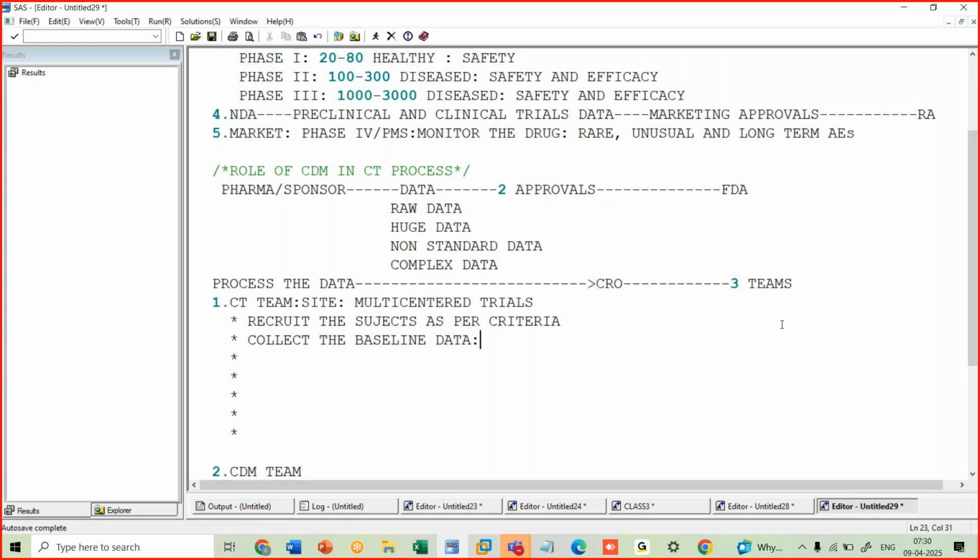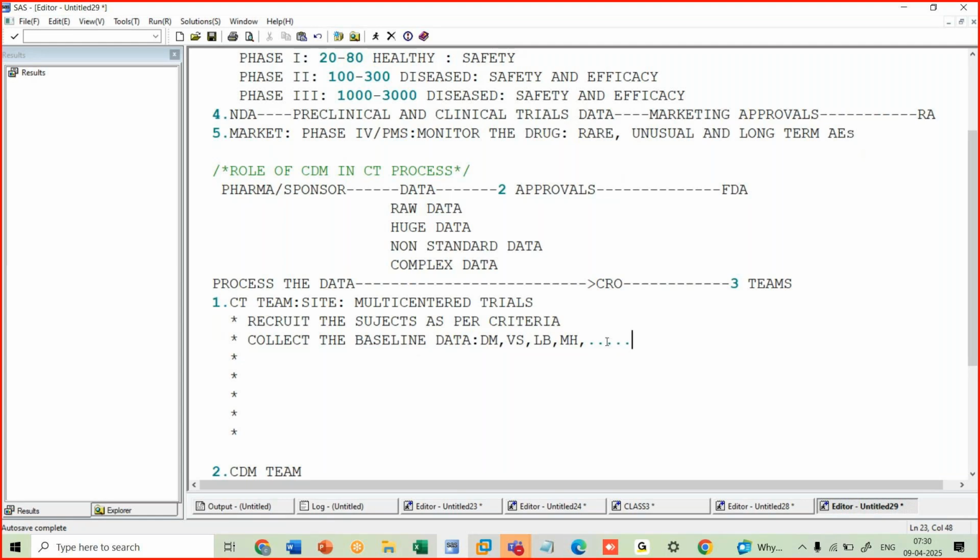As an example: demographics, vitals, lab tests, lab parameters, medical history, and PE, physical examination.